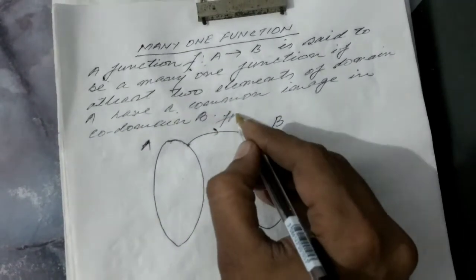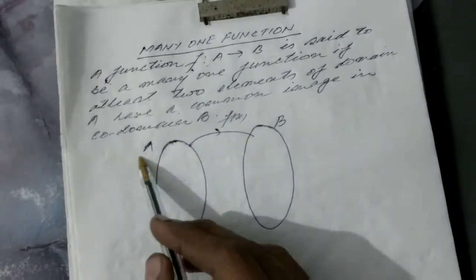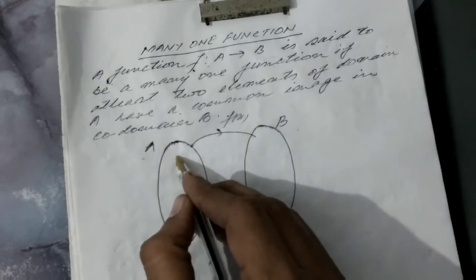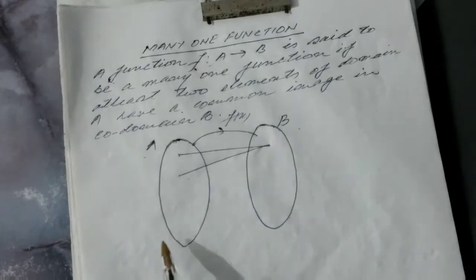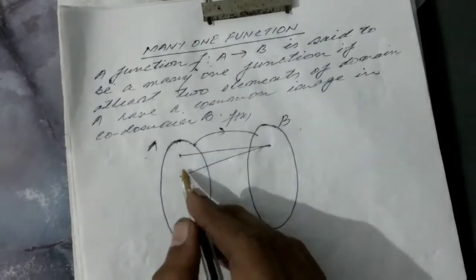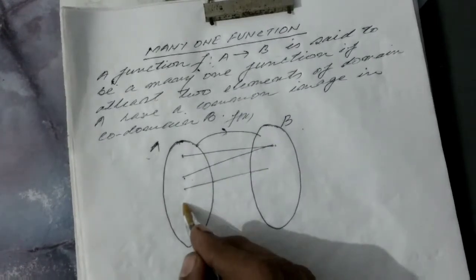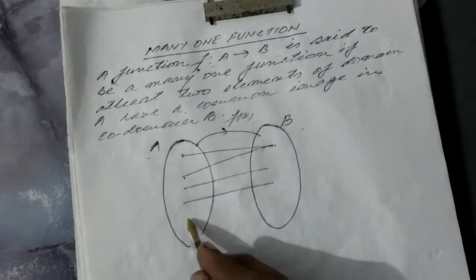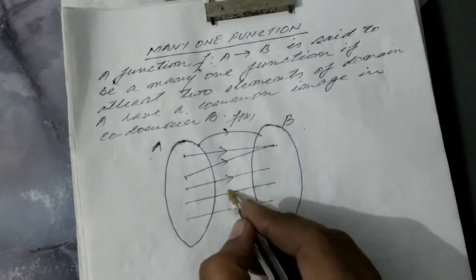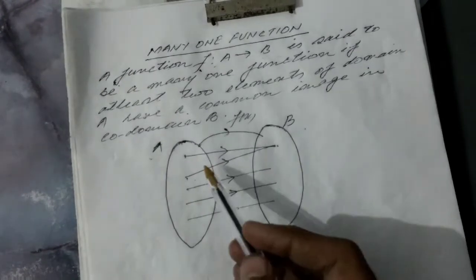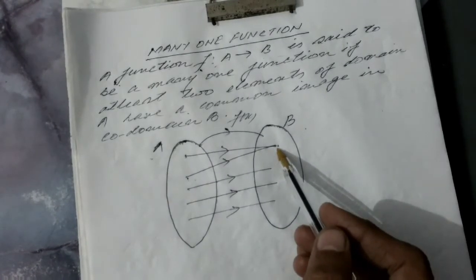Say this is the diagram of a function from A to B where there are two elements in domain which have a common image in B. So there must be at least two elements in domain which have a common image in codomain.